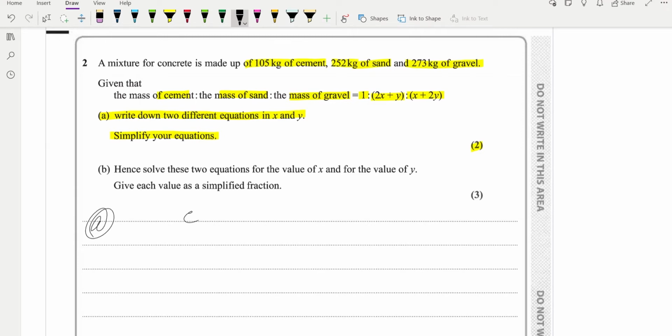So for part A we can write cement ratio sand ratio gravel. The amounts are provided: 105, 252 and 273.